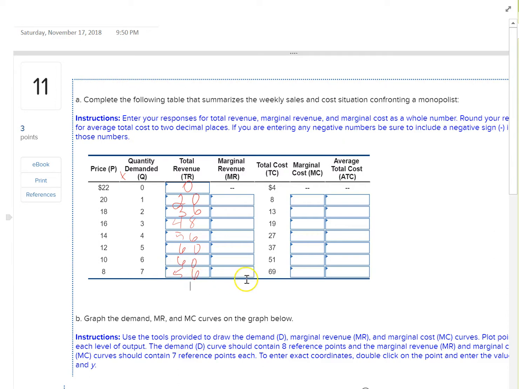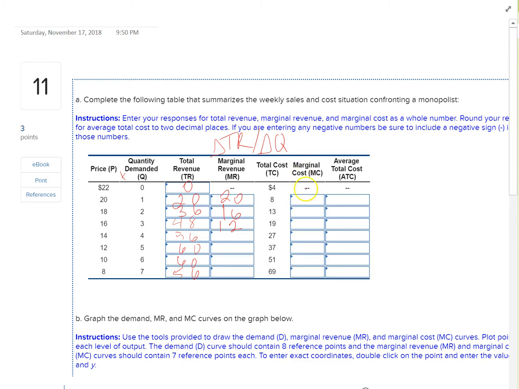Marginal revenue is going to be the change in total revenue divided by the change in quantity. Now, it's just 1 here, so that's going to be super easy. So it's going to be the change in total revenue, from 0 to 20, from 20 to 36, from 36 to 48, so on and so forth. So that part, pretty easy.